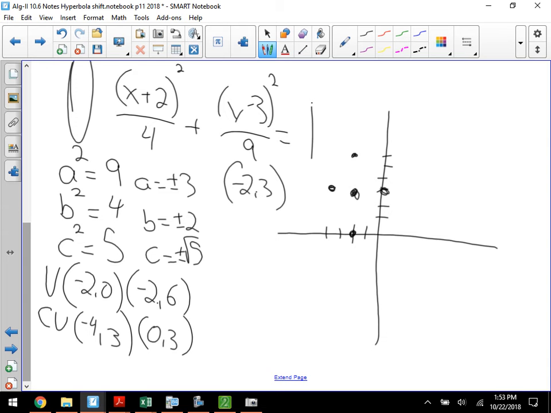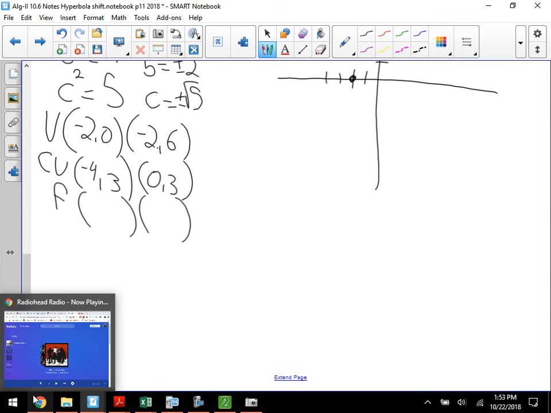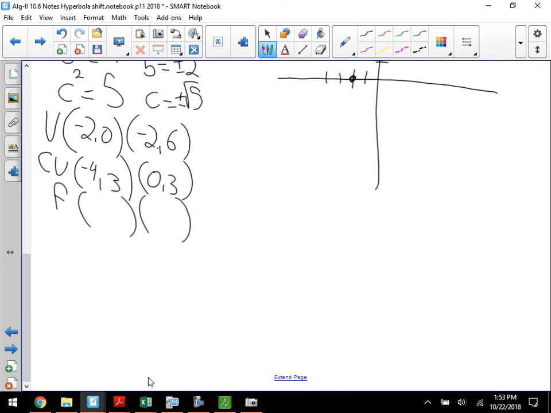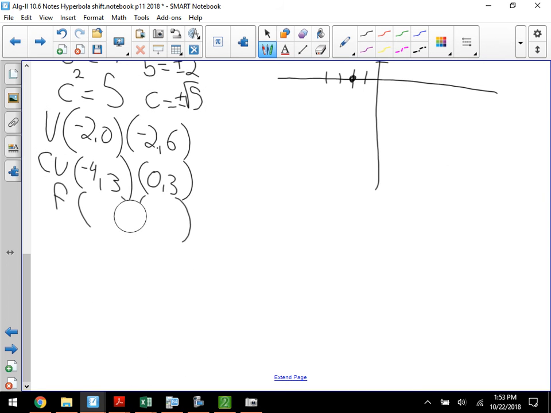Foci. I have to add and subtract root 5 to which value? The x value or the y value of the center? Y value. So I know that my x value doesn't change. It'll be at -2, and then it'll be 3 plus root 5, and -2, 3 minus root 5.